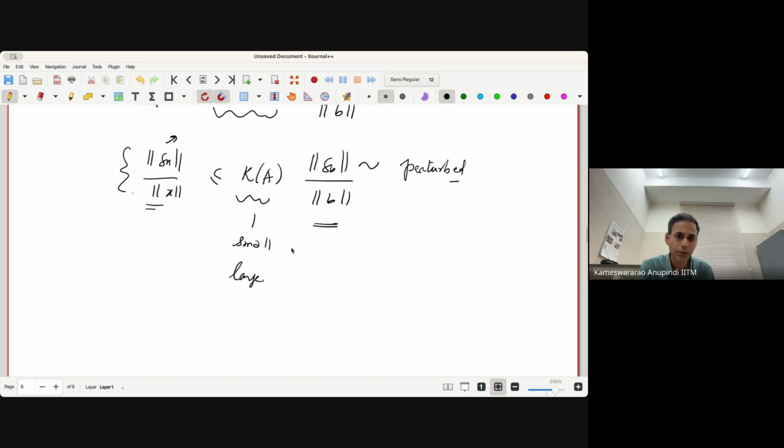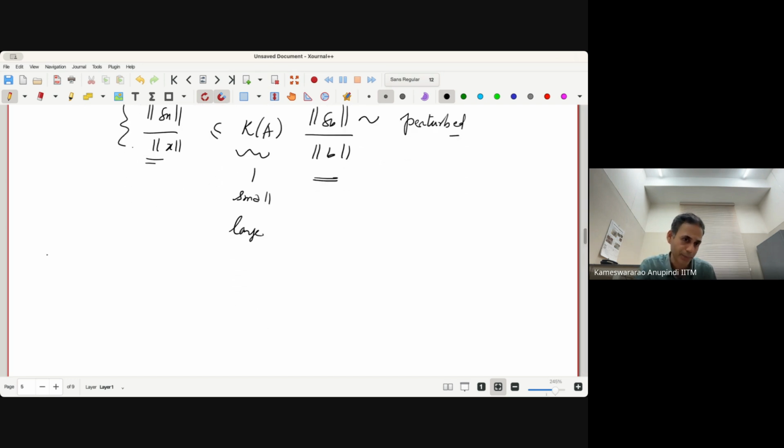Now we are in a position to answer the questions. So these are essentially, in principle or in theory, Ax equal to B can be solved if condition number of A is not equal to infinity.